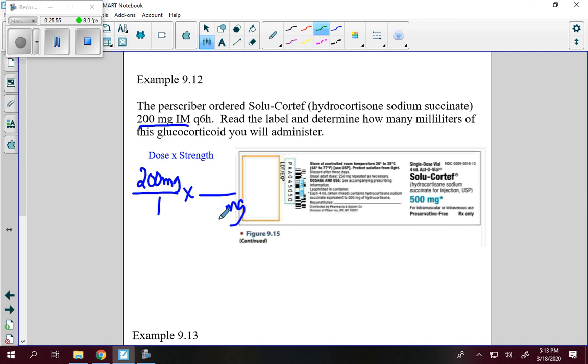And then I look at my vial and I say, oh cool, there's 500 milligrams, but for what? For 4 milliliters. 500 milligrams for 4 milliliters. If you do the math, you do 200 times 4 divided by 500, and you would get 1.6 milliliters.